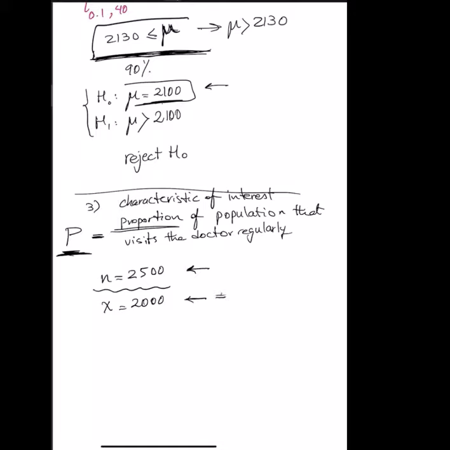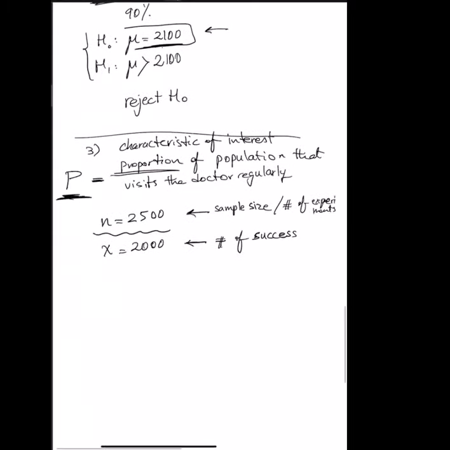So this is the number of successes, and this is my sample size, or number of experiments that I ran. And then if I calculate X divided by N, what does that give me?